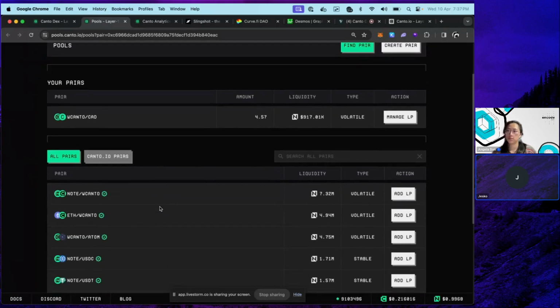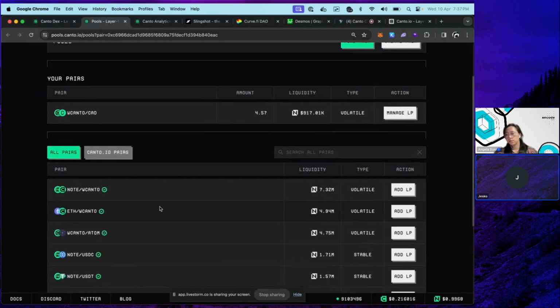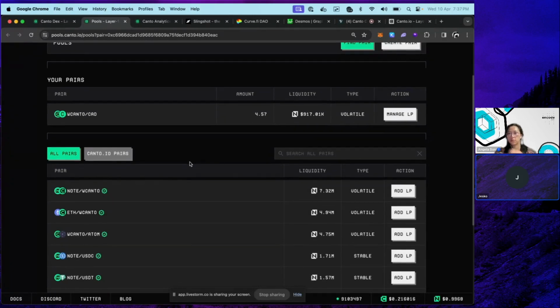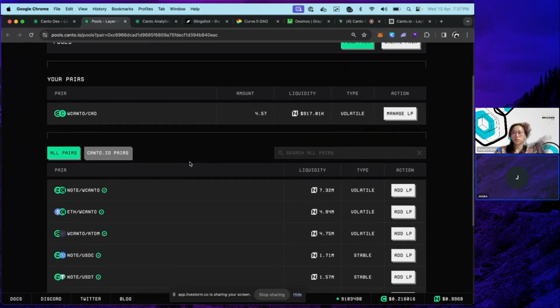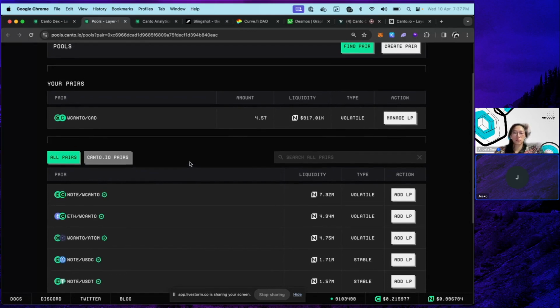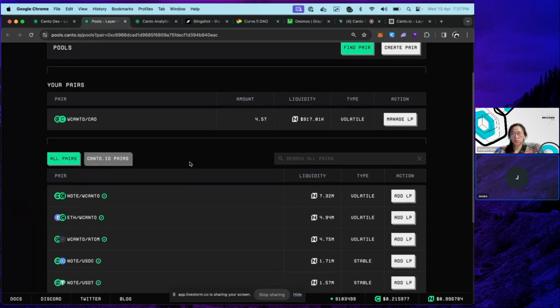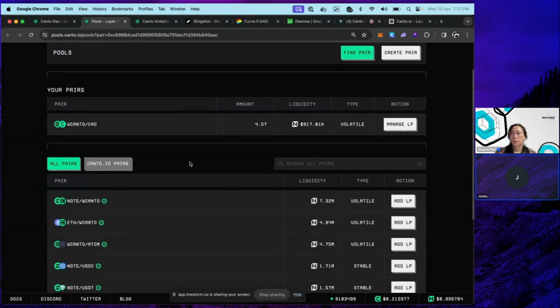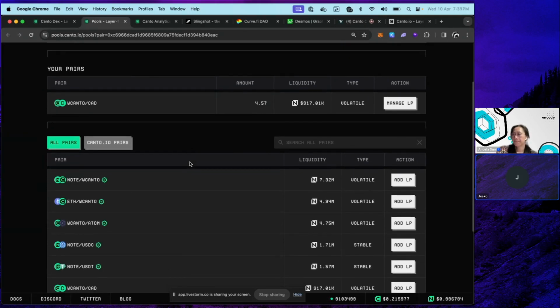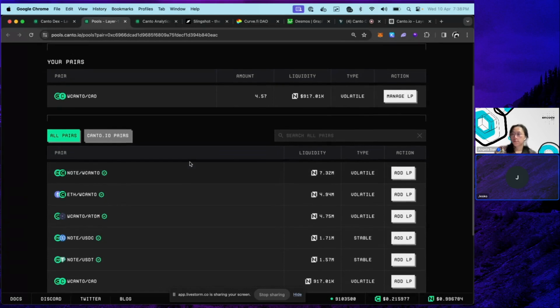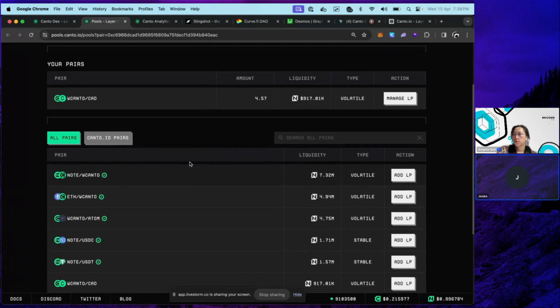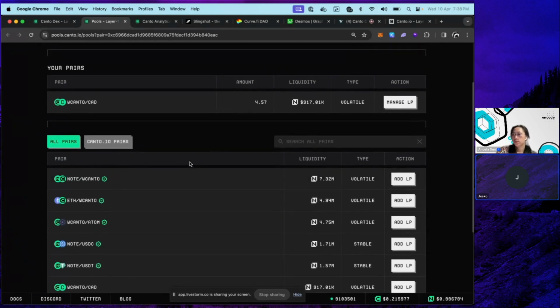While swapping through any of these pools on the Canto DEX, we don't have to pay any fee for the liquidity providers, and therefore the protocol becomes free public infrastructure, right? This was a major change made from Solidly and Uniswap, which makes this Canto DEX unique, right? Essentially, the fee is not taken while doing the swaps, right?